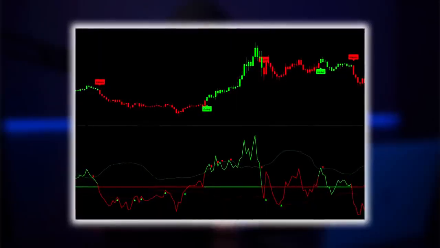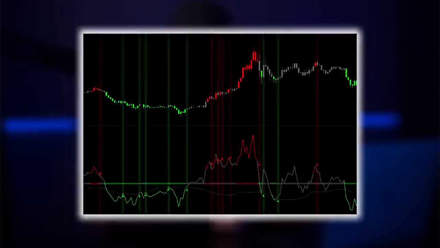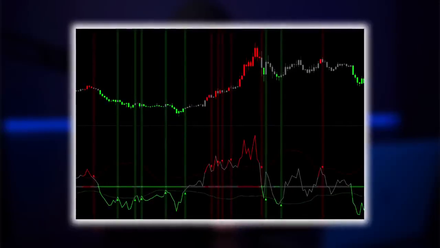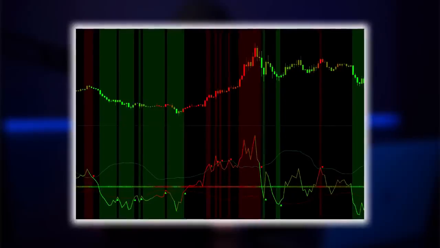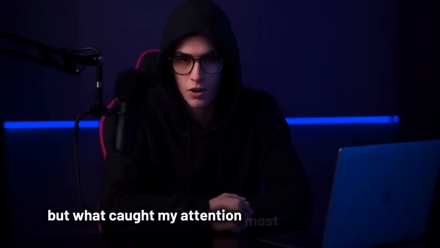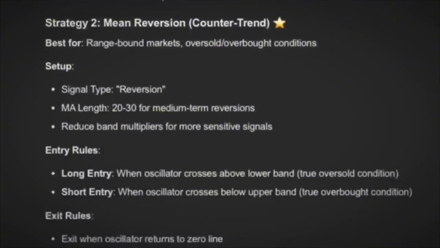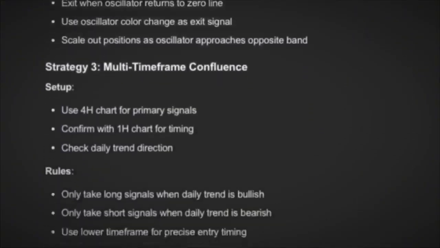Then it broke down the three modes built into the script. There's a trend mode for catching breakouts, a reversion mode for playing extremes, and something it called a valuation mode, which basically helps identify when the price is relatively cheap or expensive. But what caught my attention most was the strategy it proposed, a hybrid between trend and reversion signals, filtered by volume and volatility.